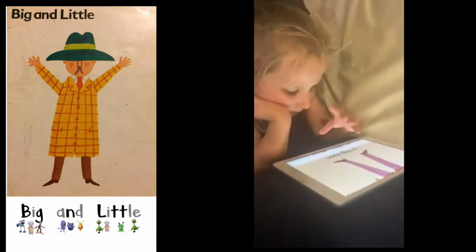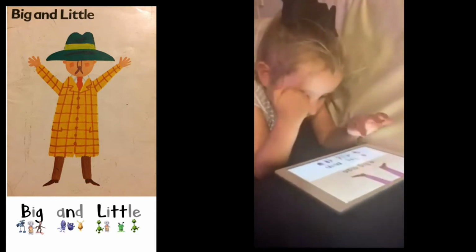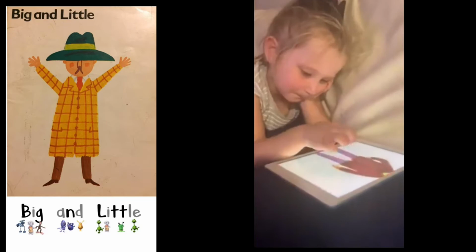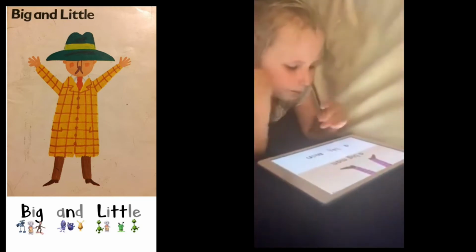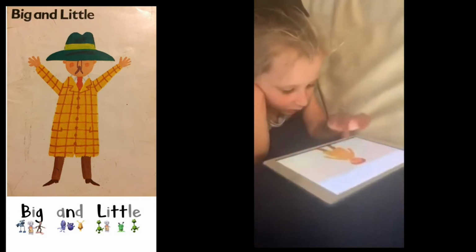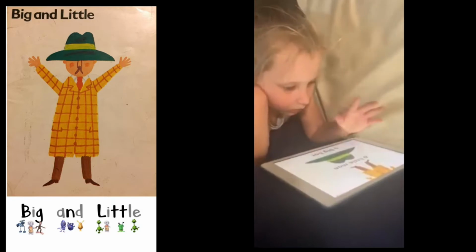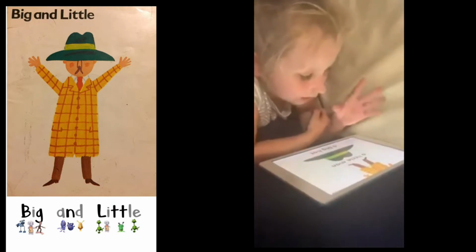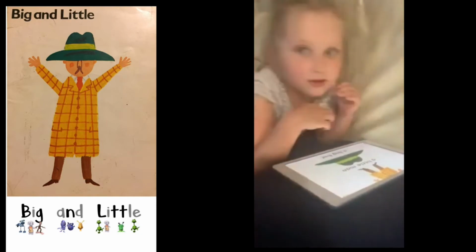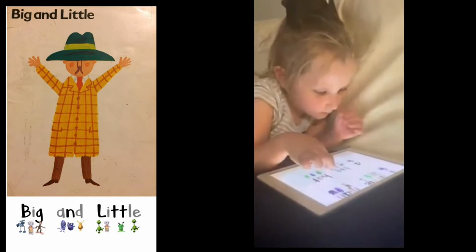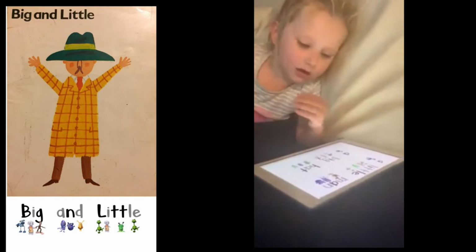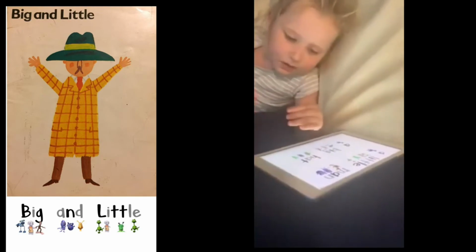A big man. A big man. A little man. A big hat. A little man and a big hat.